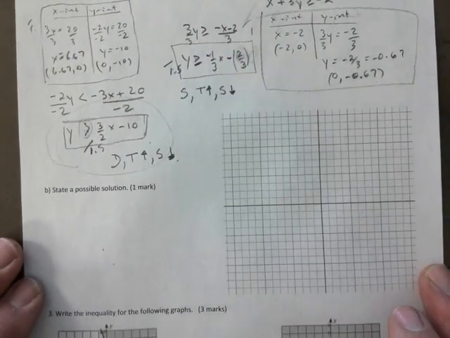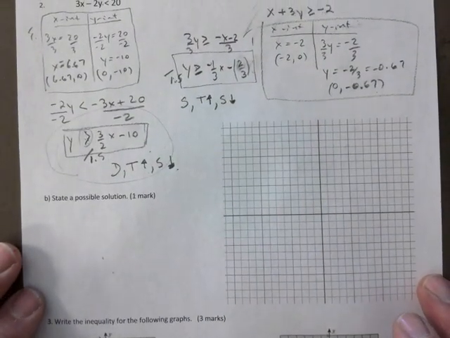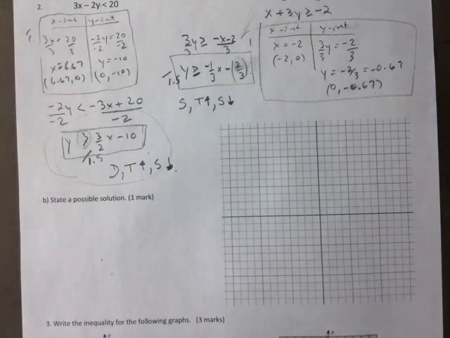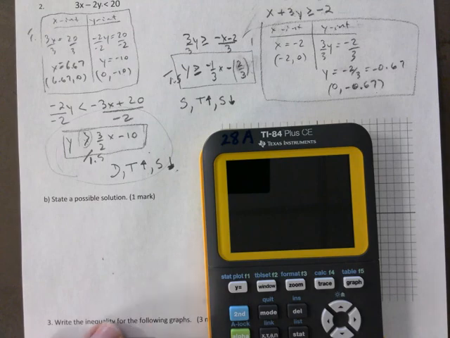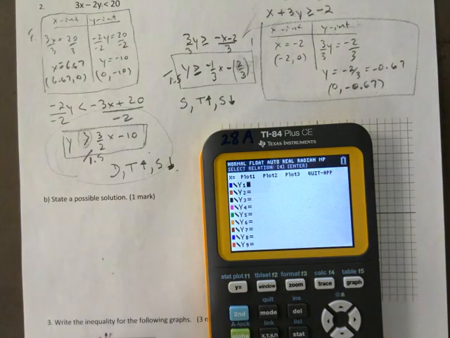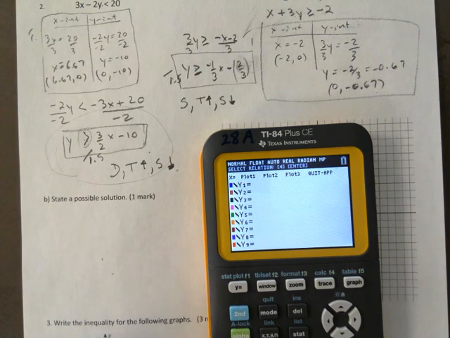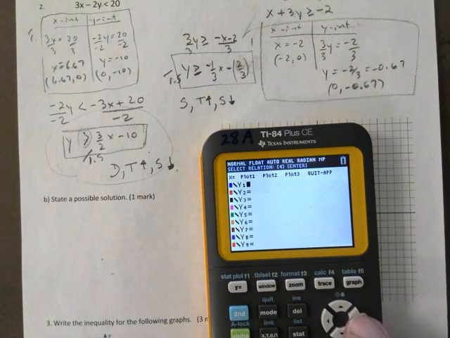So I feel like this one I should probably type into my calculator, just to be safe. You're going to have to do it anyways. So I'm going to do this one first. 3 over 2x minus, what's happening? I know what's happening.